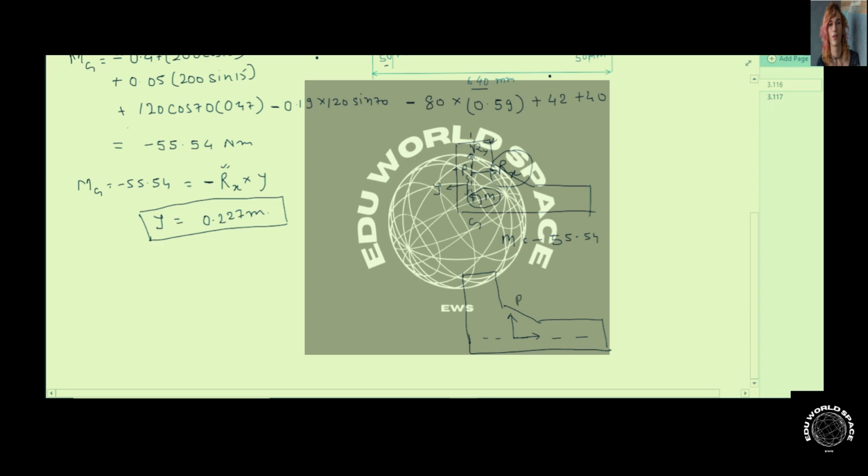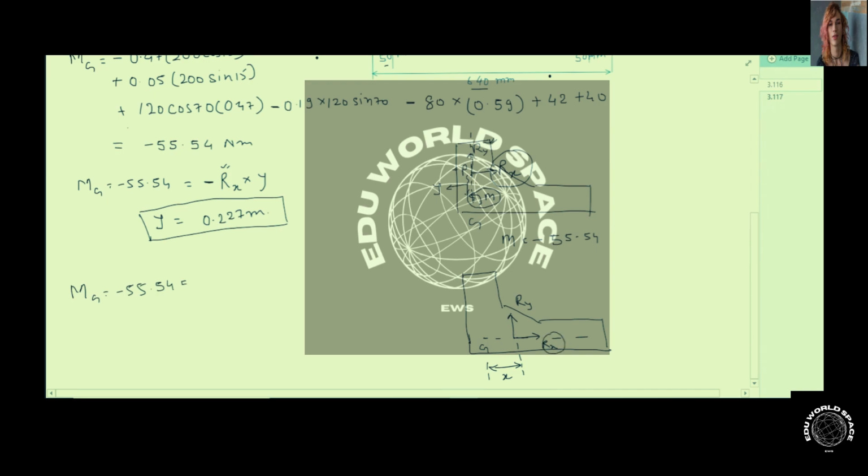Let's say this was the vertical component Ry, this was the horizontal component Rx, and this was our point G, and the distance between these two points of application along this line is x. So again the net moment about the point G should be the same as before the shifting. So the initial moment about the point G was minus 55.54.